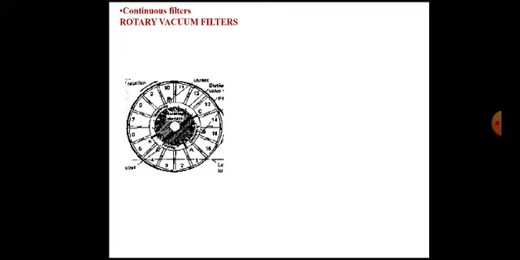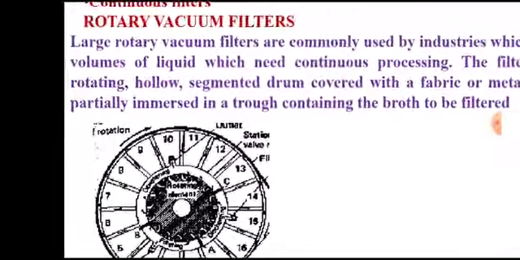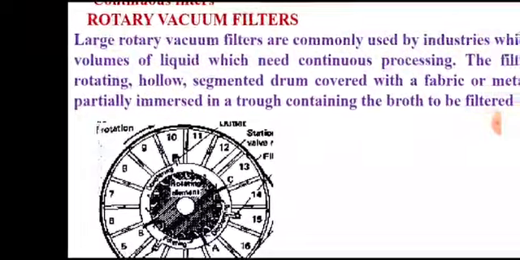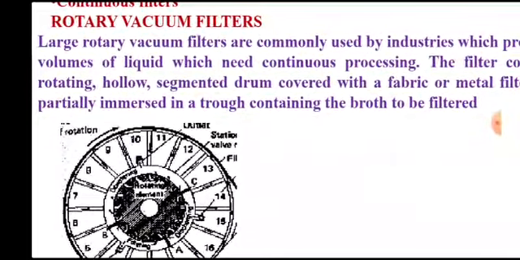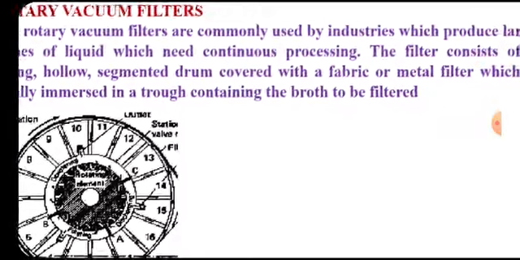That means this filter is continuously operated in a rotating condition. These are the large rotary vacuum filters which are commonly used by industries which produce large volumes of liquid. So this is very important for the processing of very large volumes of liquids. These types of filters are very useful in the industries.